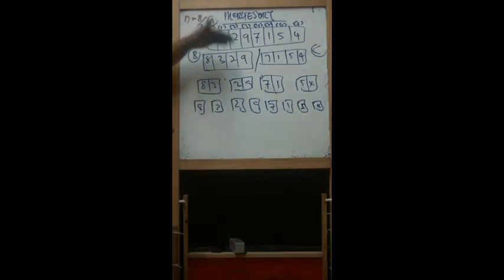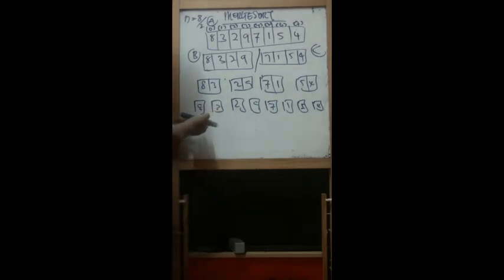So this is the concept of merge sort: divide the problem into equal halves. When we stop here, it is time to merge, in order to merge and sort the list.